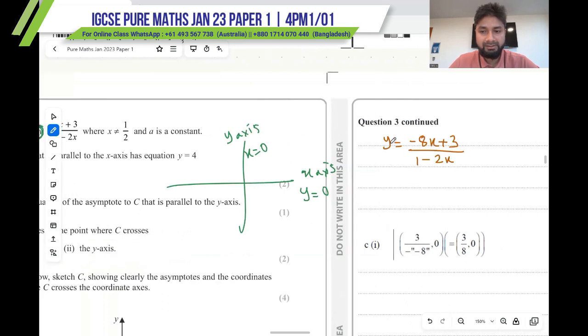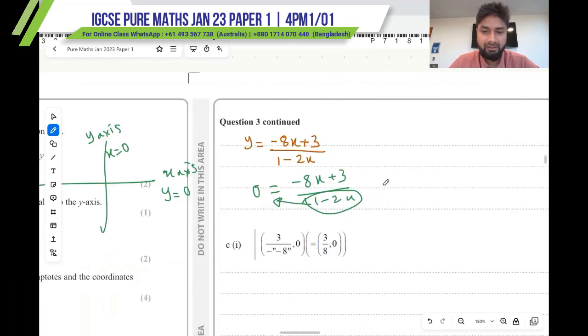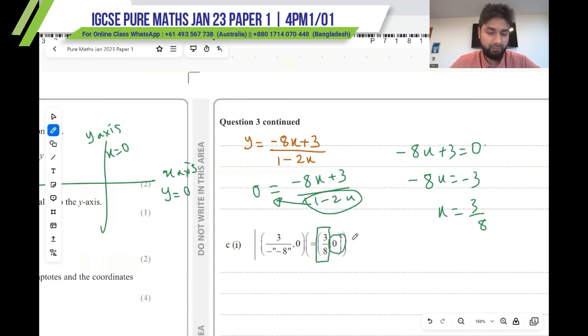So when we put y as 0, we get 0 equals minus 8x plus 3 over 1 minus twice x. If I transfer 1 minus twice x to the other side, it becomes 0. So we are left with minus 8x plus 3 equals 0. So minus 8x equals minus 3, x equals 3 over 8. So the x coordinate is 3 over 8, and the y coordinate is 0.